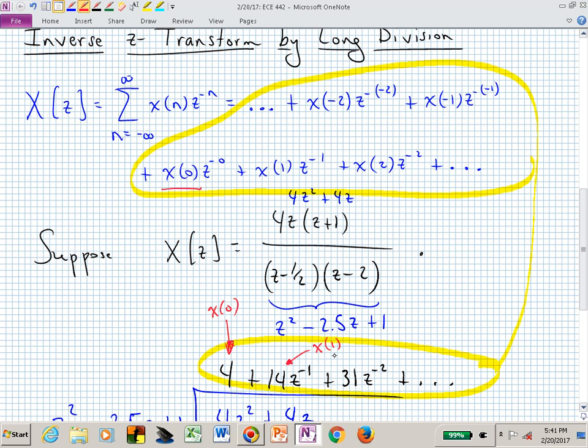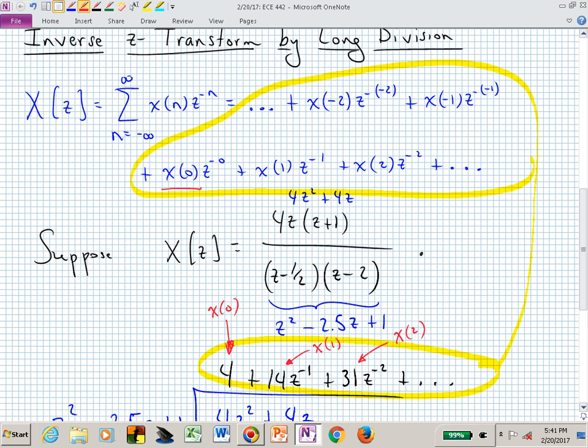That's now little x at time 1. And now do you see that I'm finding my waveform, my x of n, at different values of little n just by doing long division. And this 31 is now the time value of x at time 2, n equal 2.